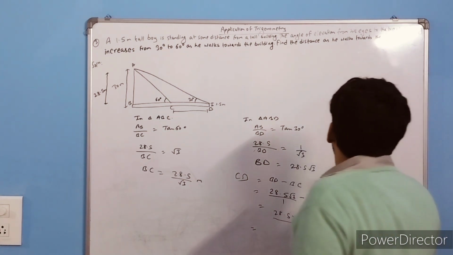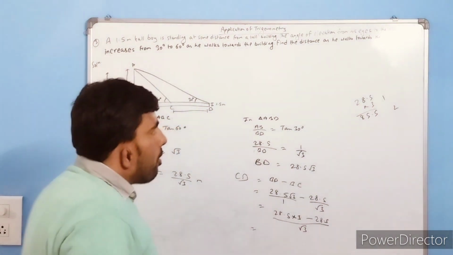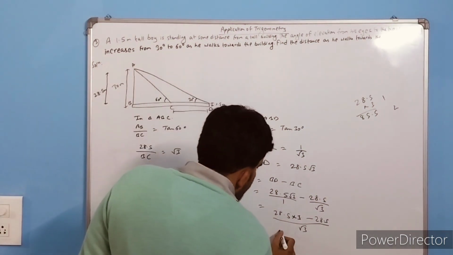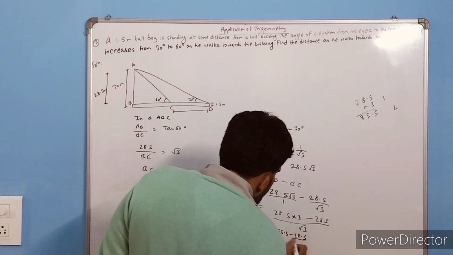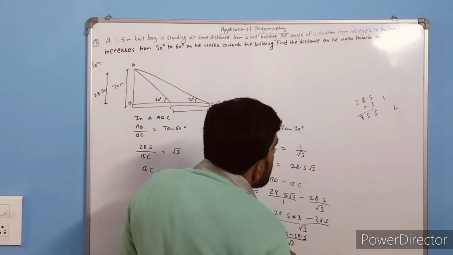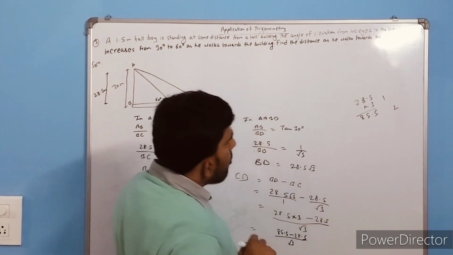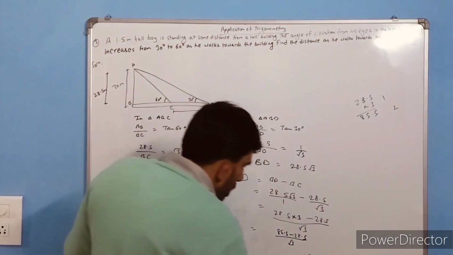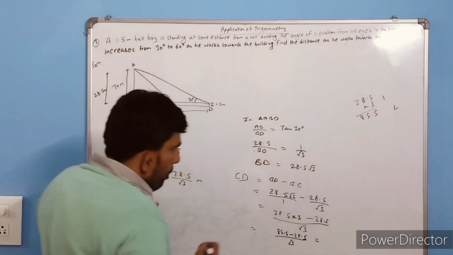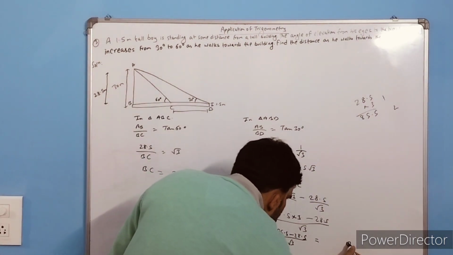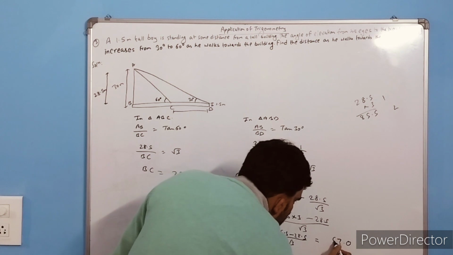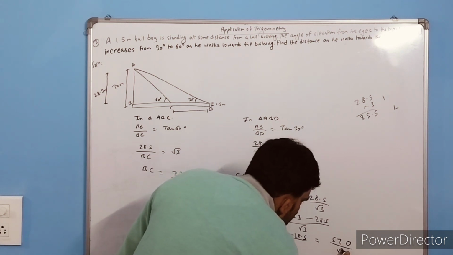So I got 85.5 minus 28.5 upon root 3. Now if I subtract this, what will I get? So I got 57 upon root 3.